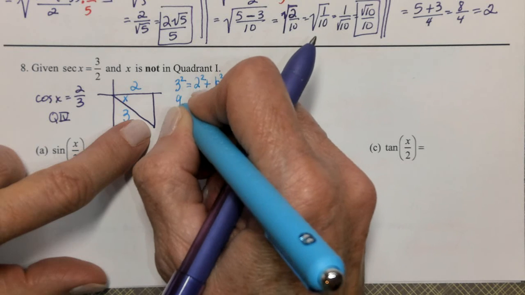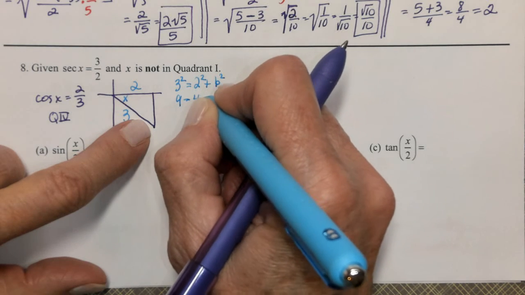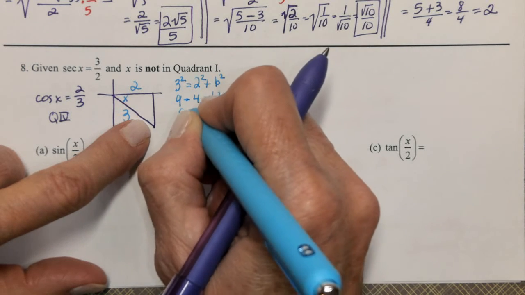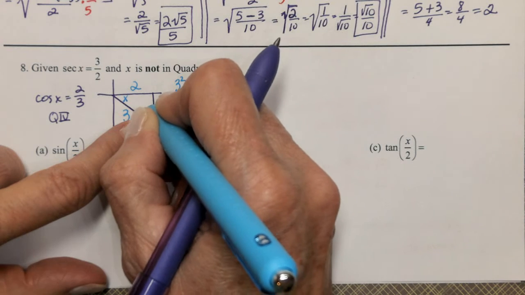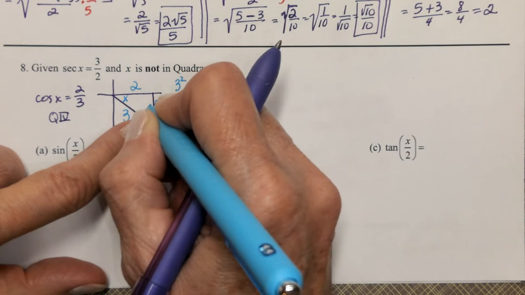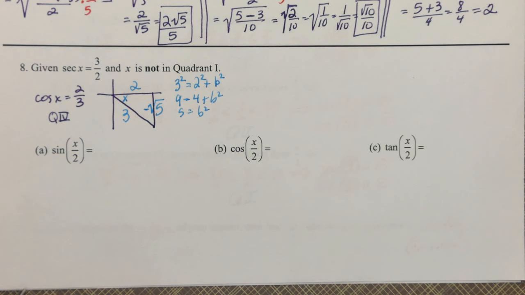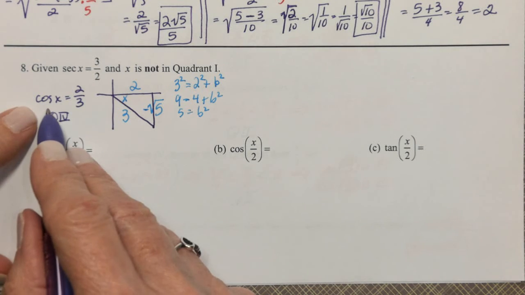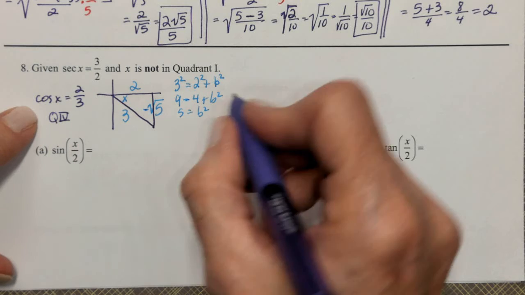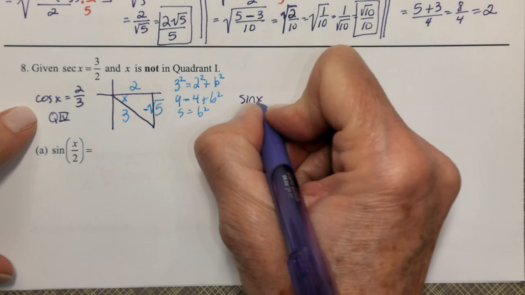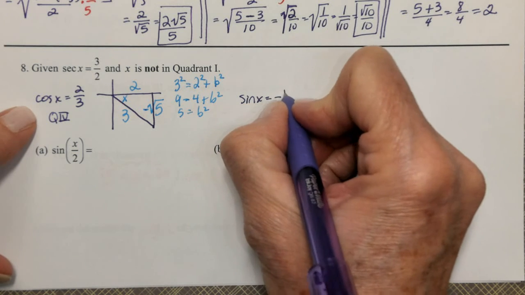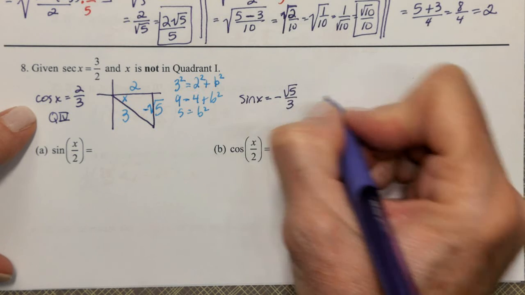So that's going to be 9 is equal to 4 plus b squared. 5 is b squared, so this must be square root 5, negative because it's going down. So negative square root 5. Okay? So cosine of x is 2/3. Sine of x will be negative square root 5 over 3.